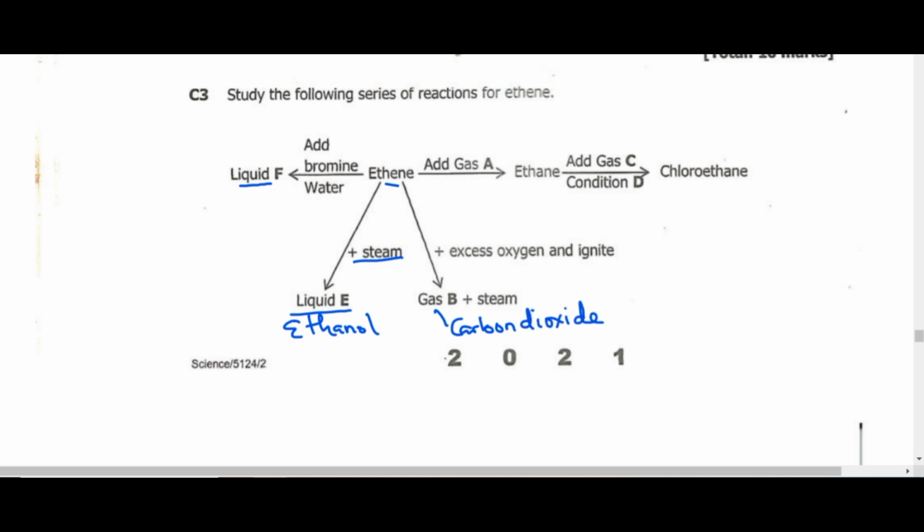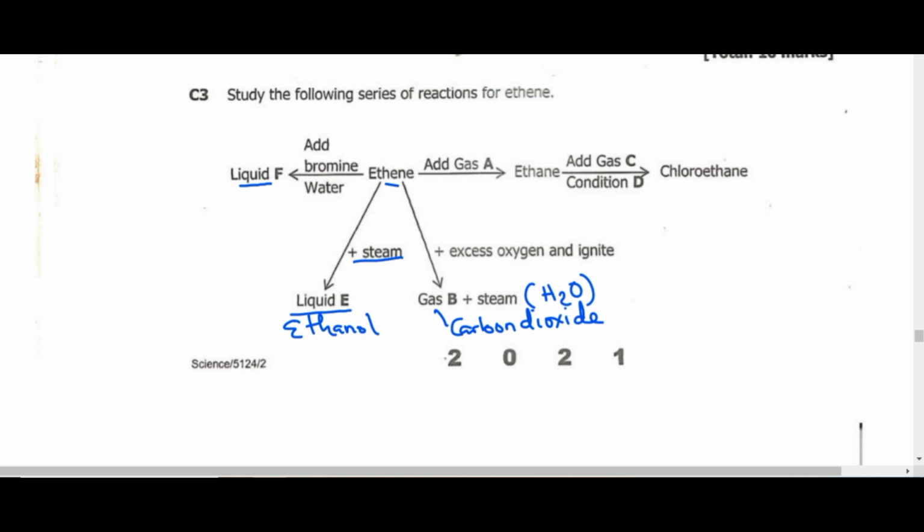So here we've solved everything here. Ethane plus excess oxygen and ignite, we're going to have carbon dioxide plus steam, that is H2O in liquid. And then what else can we look at?